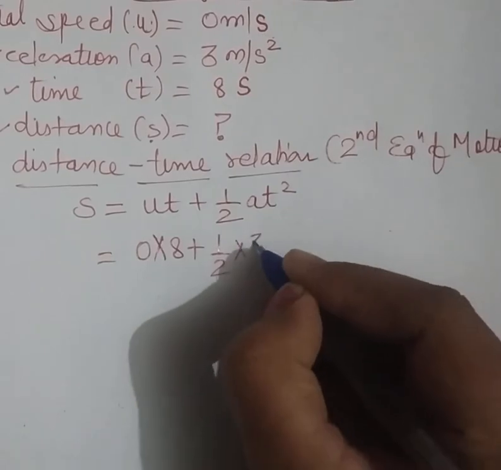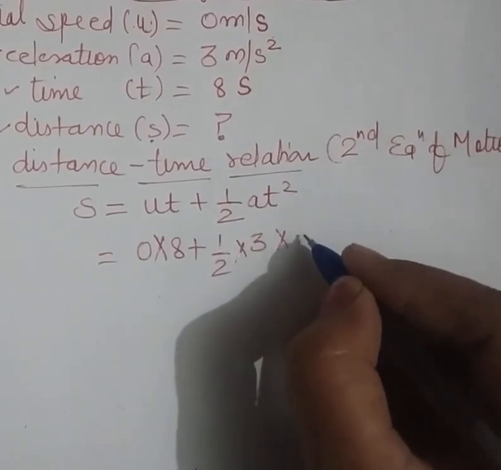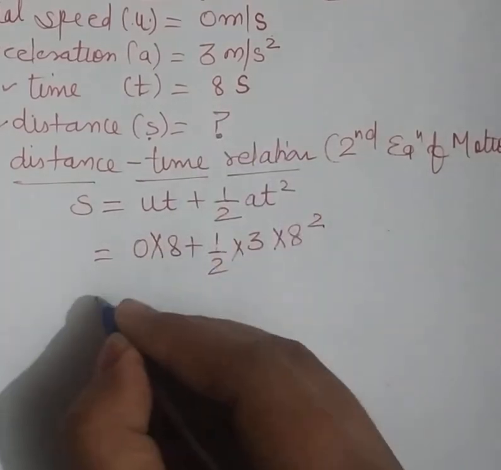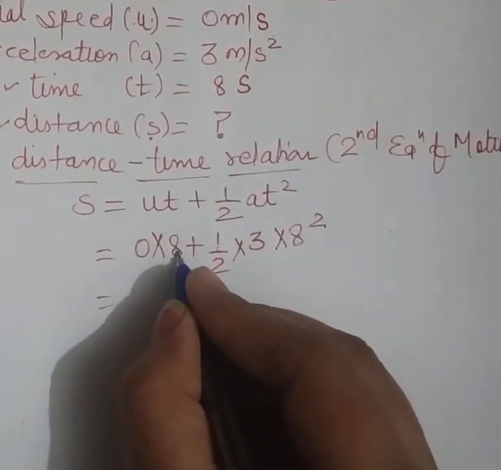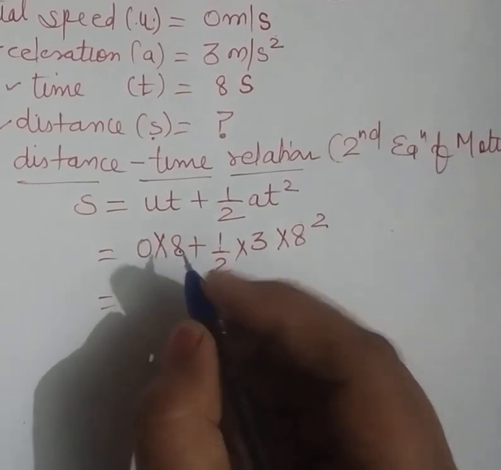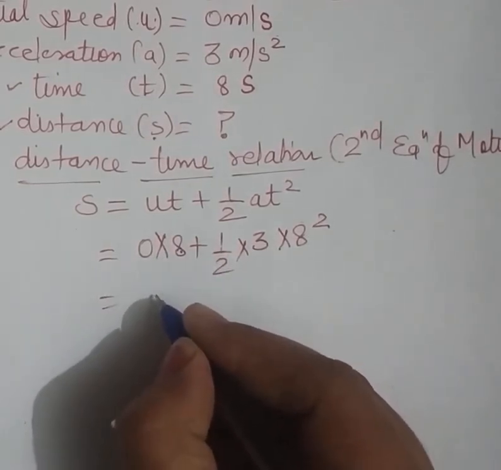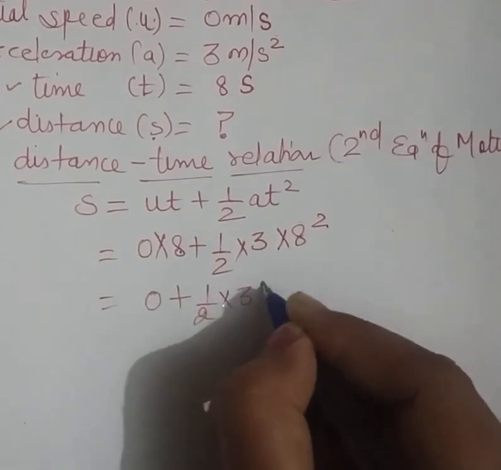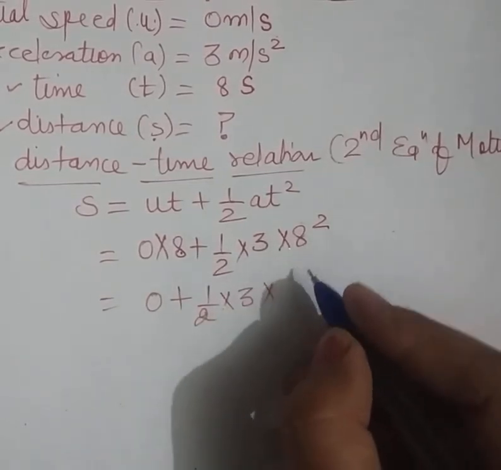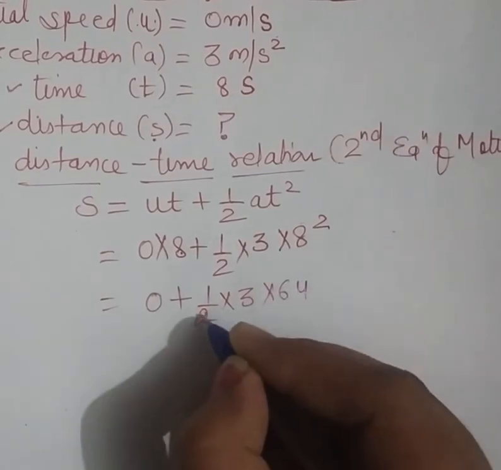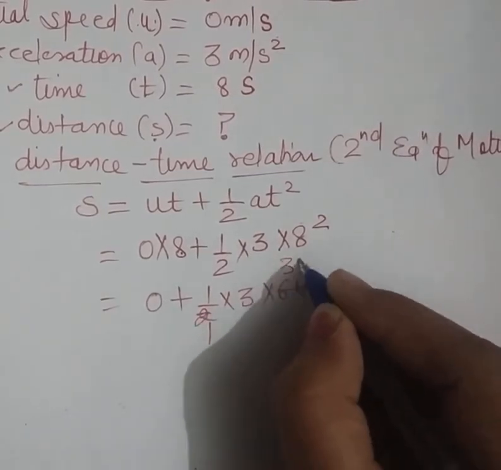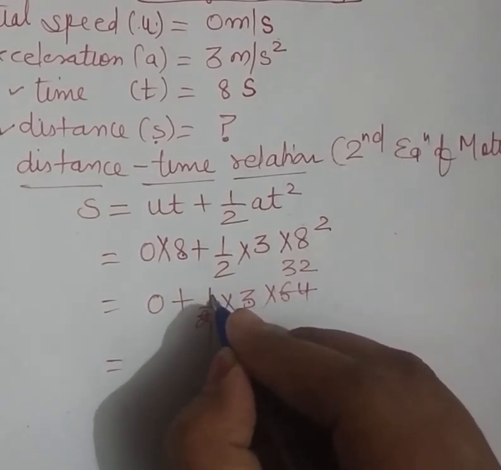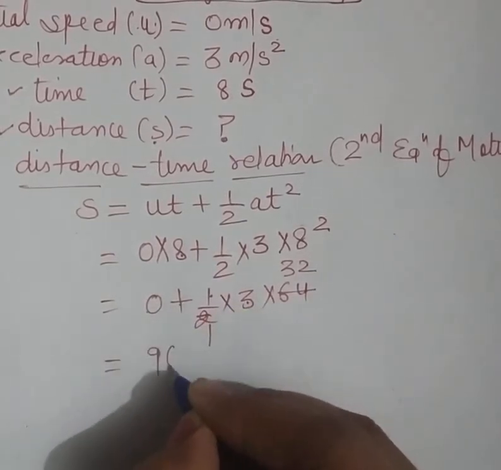What is a? 3. t square means 8 square because t is given to be 8. 0 multiplied with anything results in 0. 0 plus half into 3 into 64. Half of 64 is 32, 32 into 3 is 96. 96 plus 0 is again 96.